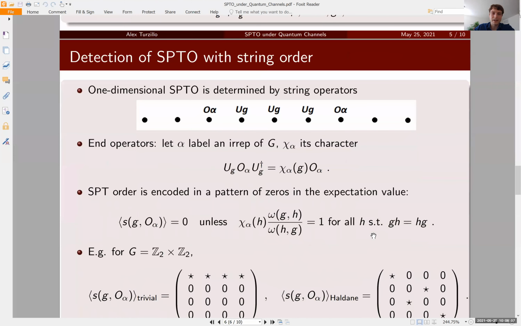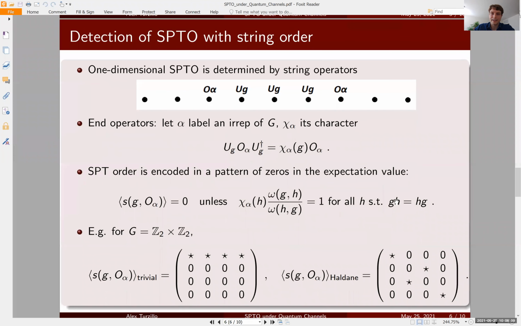Okay, so now I want to claim that strongly symmetric channels are precisely the channels that preserve the SPT order of a phase. So to do that, I should review briefly how SPT order is measured in one-dimensional phases. The idea is to take the string operator, which I've drawn here.